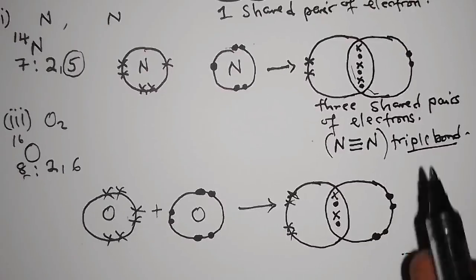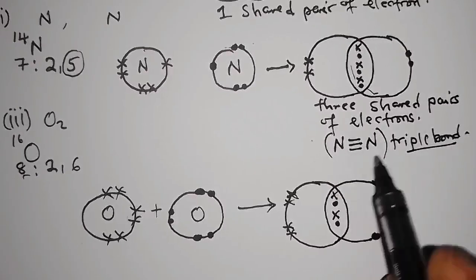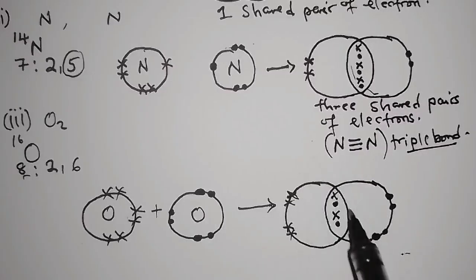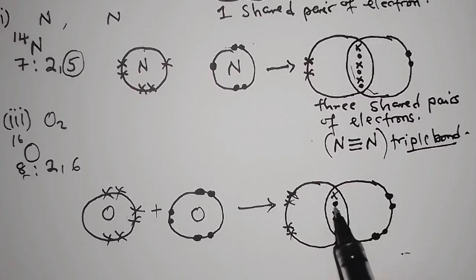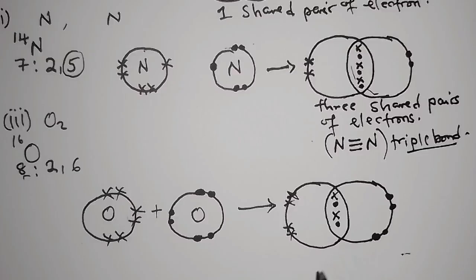So you can distinguish the number of bonds formed in this oxygen. This is one pair, then the second pair.